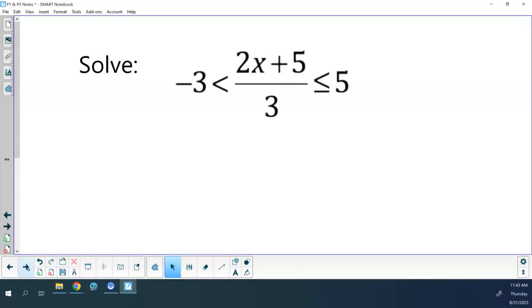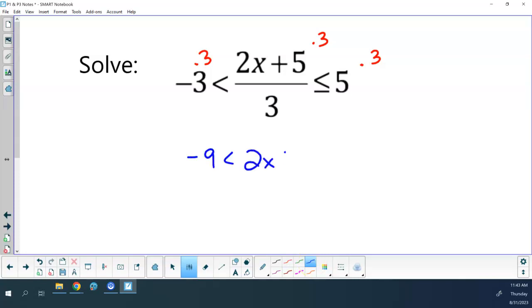Then what I would do first here is multiply the middle by 3, because multiplying the middle by 3 gets rid of the fraction. But if I do that, then I've got to multiply the outer parts also by 3. So then that would become negative 9 is less than 2x plus 5 is less than or equal to 15.